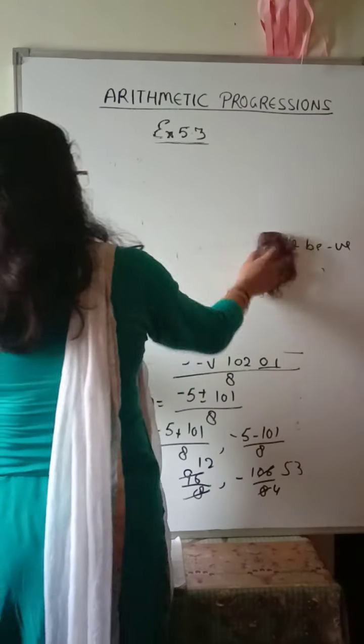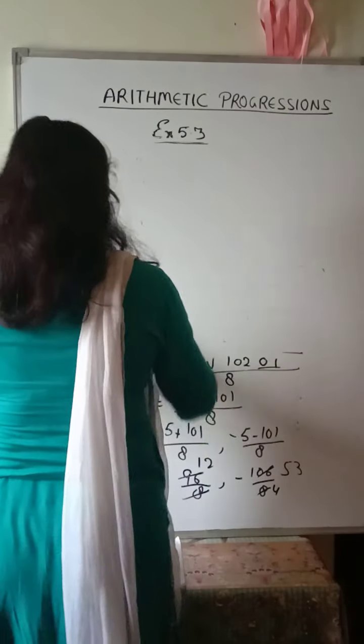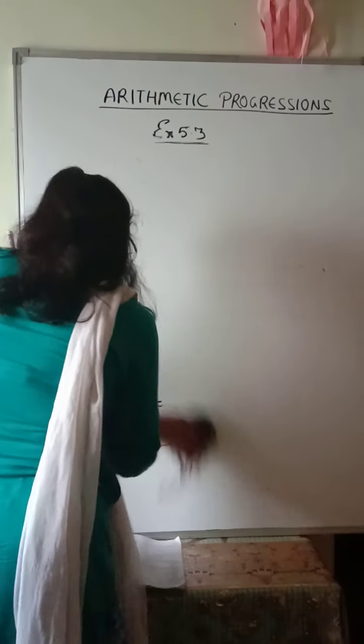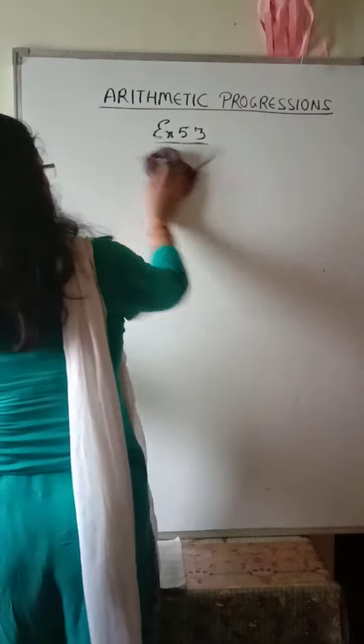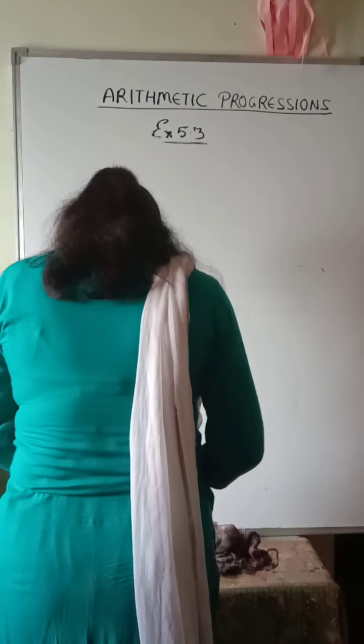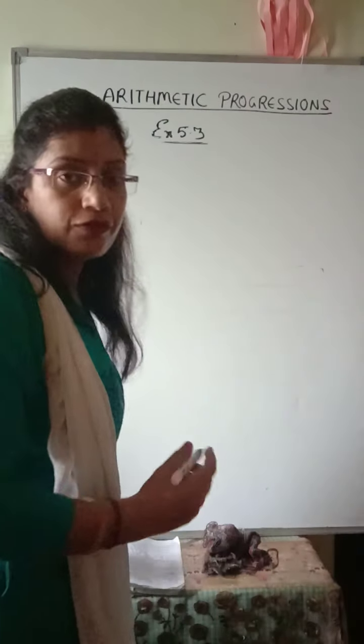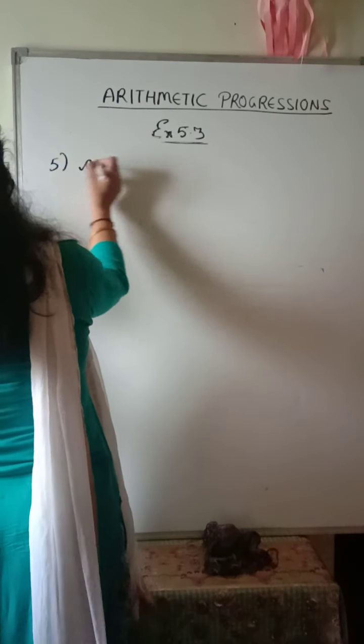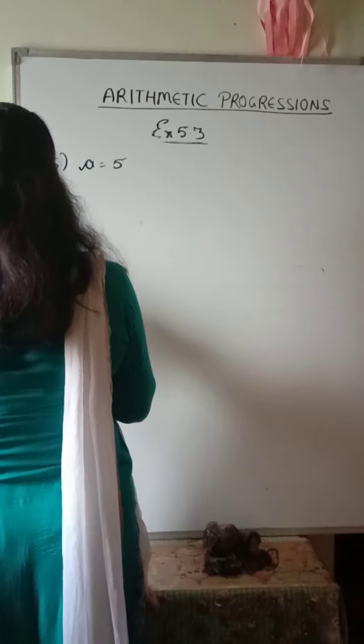Let us see what our fifth question is. The first term of the AP is 5. What is given to you? A. Okay, so you are given A, which is 5, and the last term is 45.